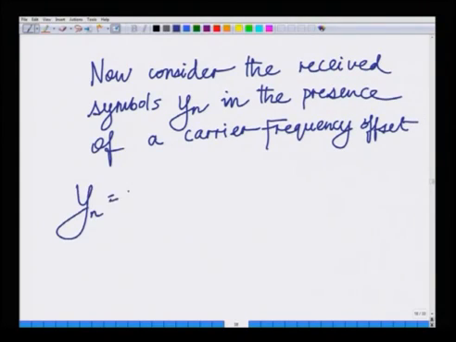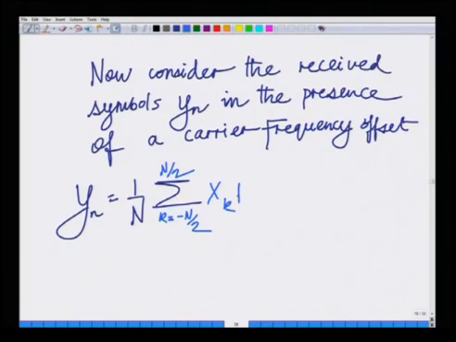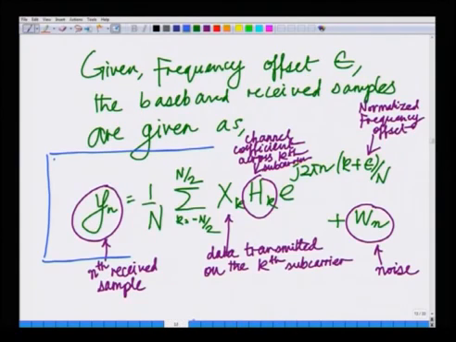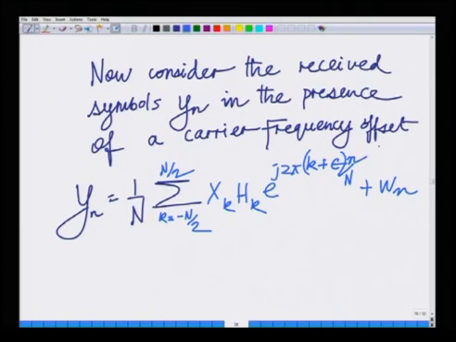We have y_n equals 1 over N summation k equals -N/2 to N/2 X_k H_k e^(j2π(k+ε)n/N) plus w_n. This is the original expression we had.